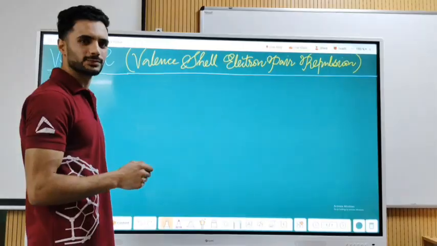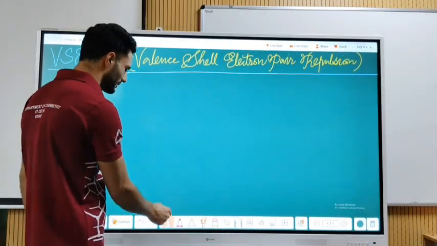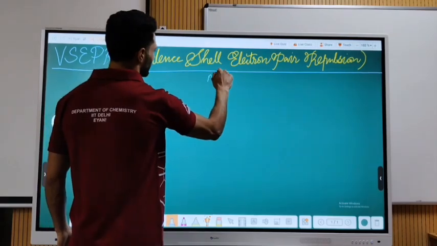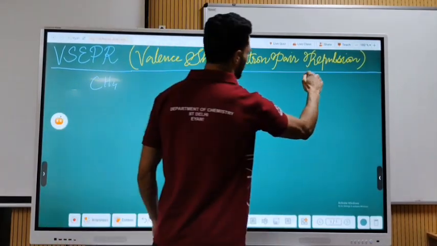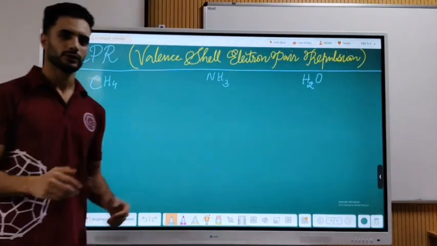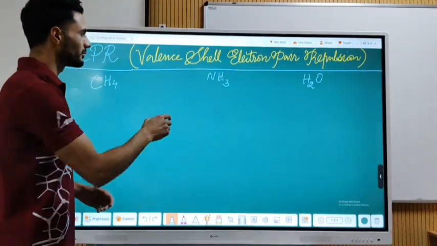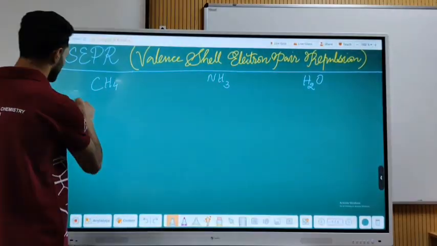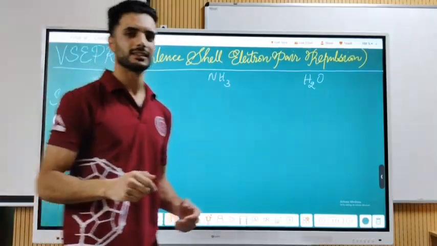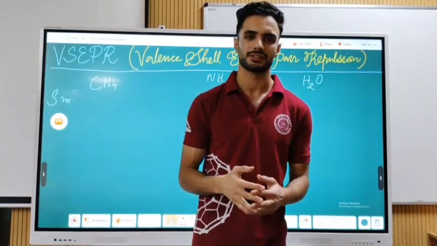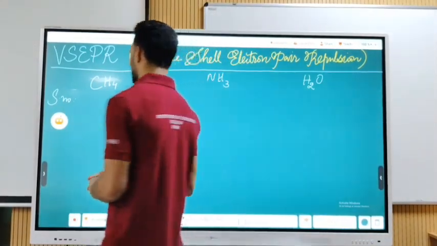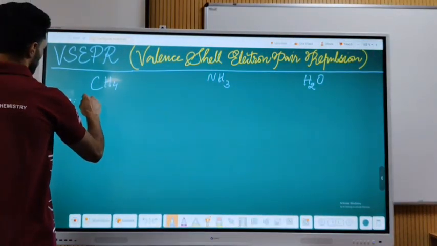To understand this theory, let's first take the example of three molecules, that's methane, ammonia and water. According to valence bond theory, we have to check its steric number first. The steric number is equal to total valence electrons plus number of monovalent atoms, divided by 2.